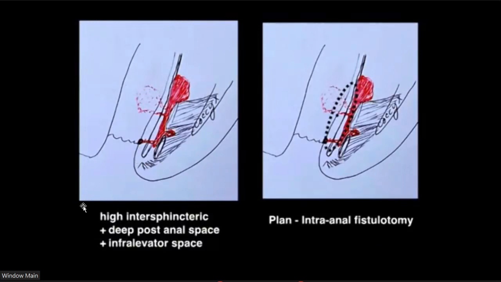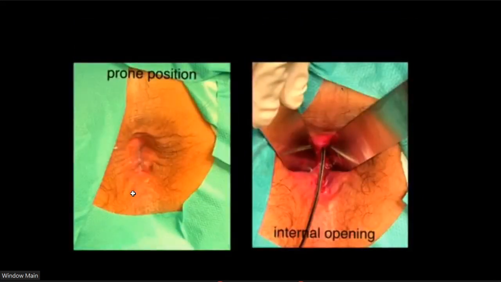From the internal opening, it goes to here, it goes up here, and passes the superficial egg here in the lateral, going to the infralevator here. So my plan is to lay open the intersphincteric, high intersphincteric, just lay open it. You can see no external opening. This patient had rectal pain for 2 or 3 years, and he visited many surgeons with MRI, but no one operated on him.